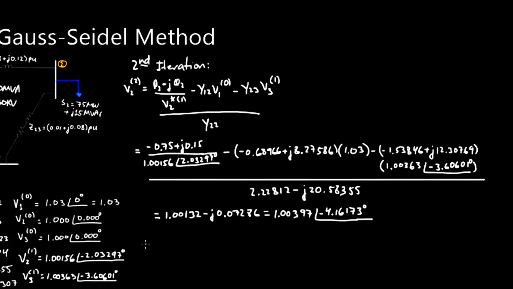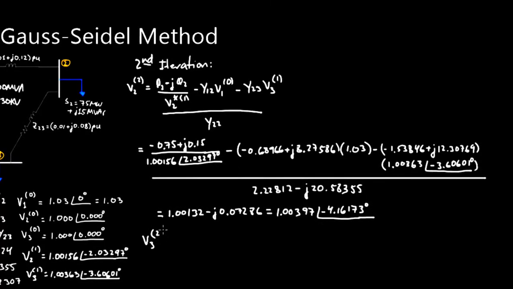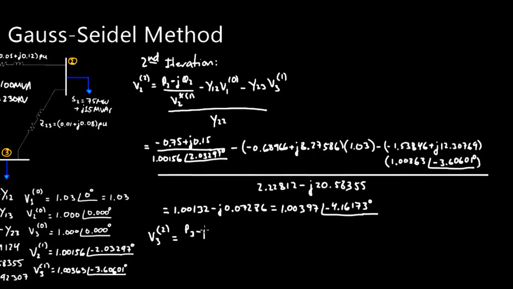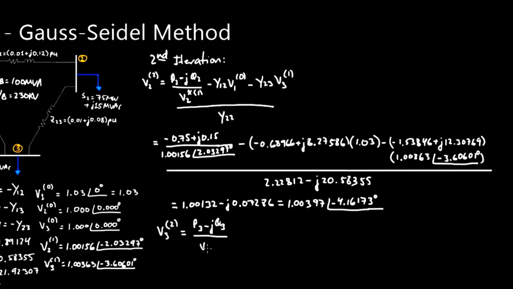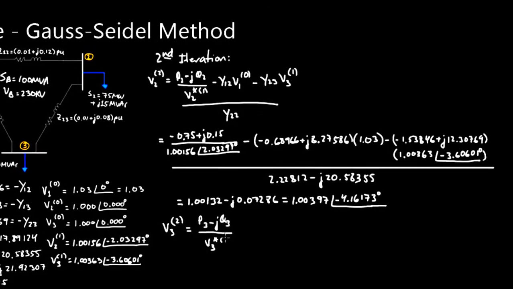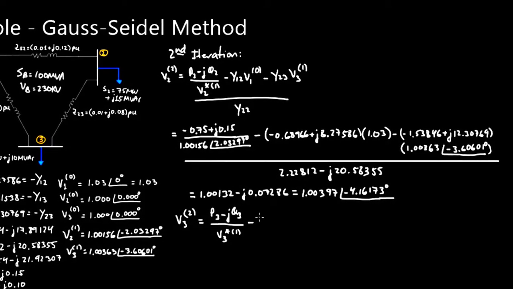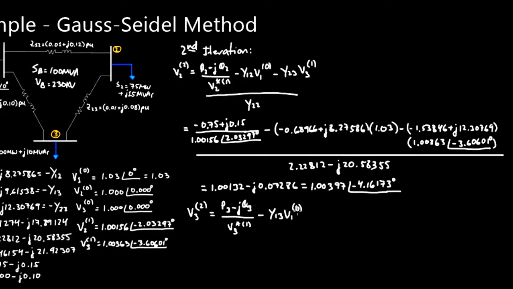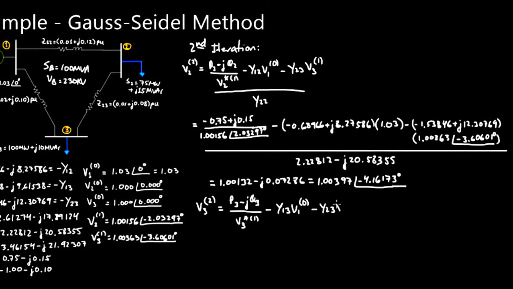But let's also do the same thing for V3 of 2 then. So the second iteration for V3. So that's going to be P3 minus JQ3 over V3 conjugate of 1, minus Y13 V1 of 0, minus Y23 V2.